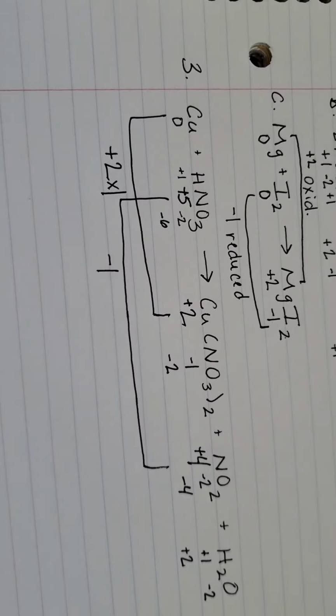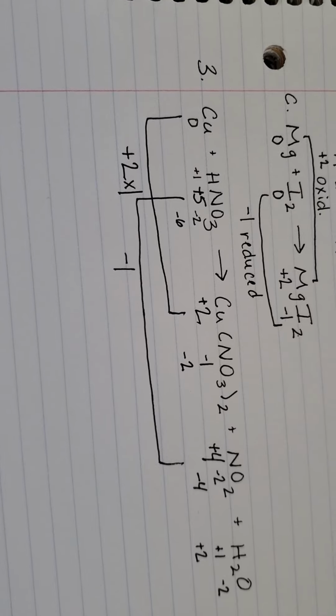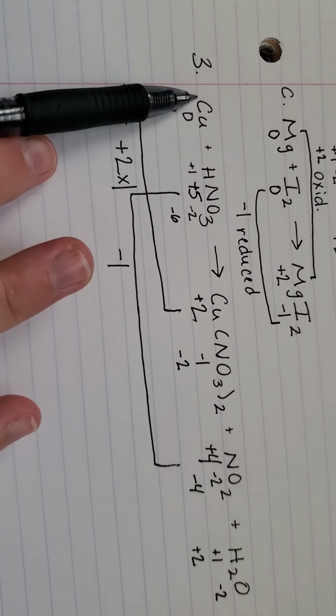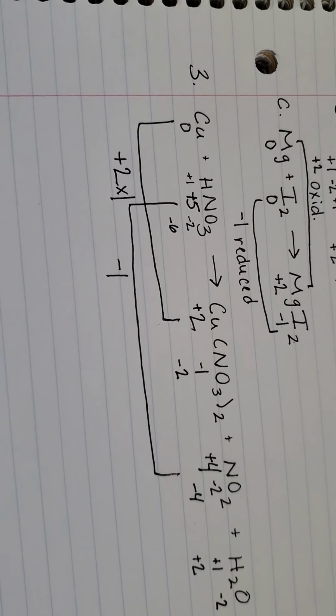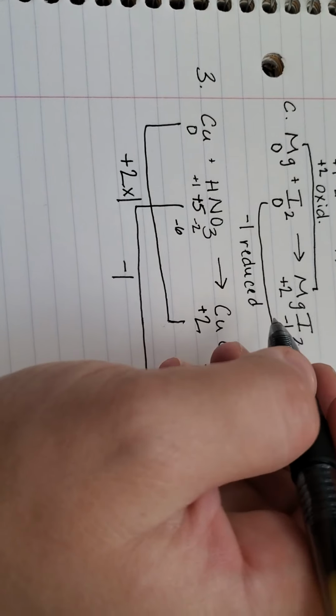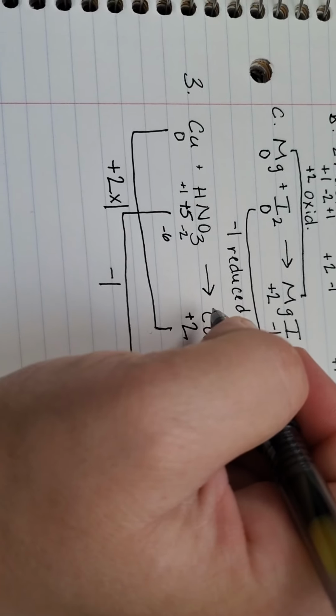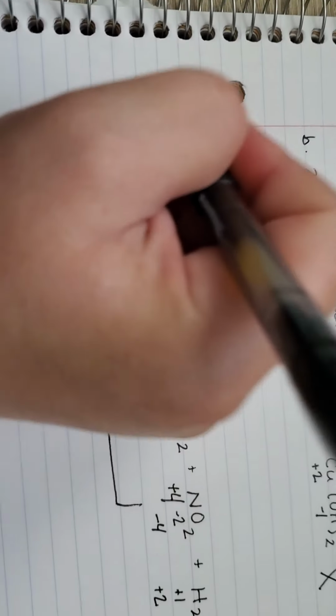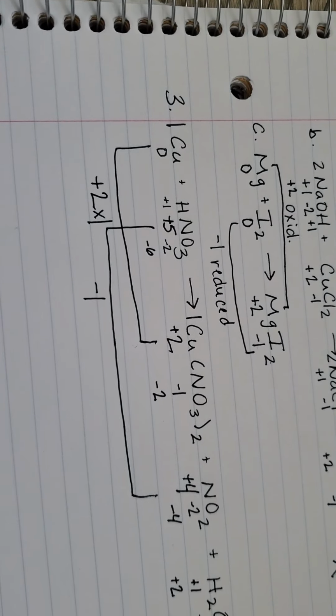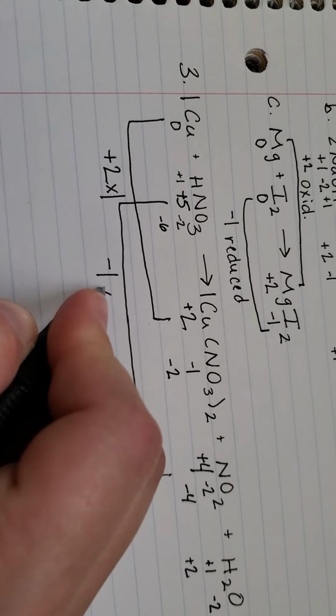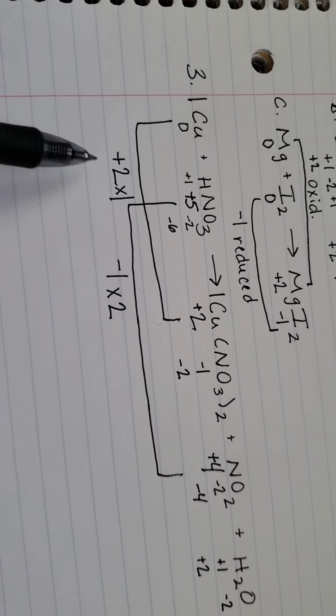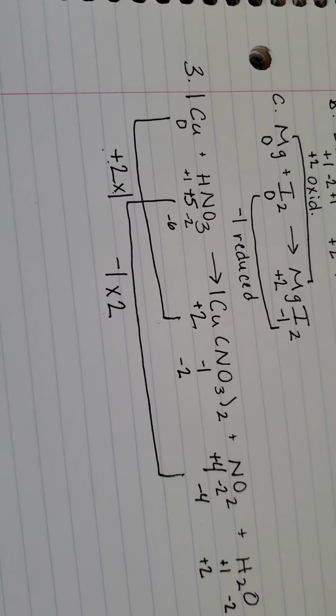All right. Now, since I'm multiplying by 1, I don't need to put anything out in front of these guys because that's an understood one. For those of you that would like to see it, just to see what in the world I've been doing, I'll do it for you. Okay. Now, for this -1, we have to multiply by 2. And that's so this exchange equals one another.